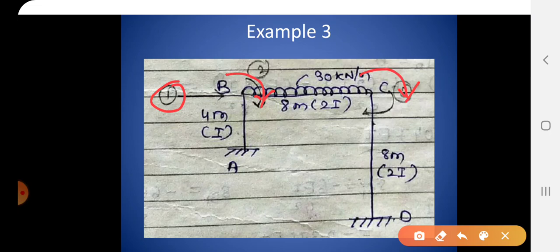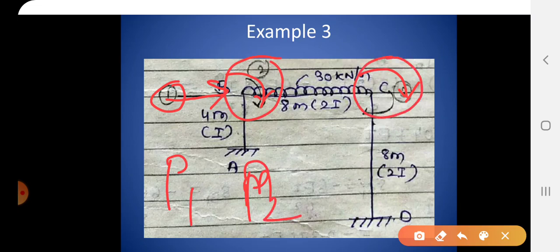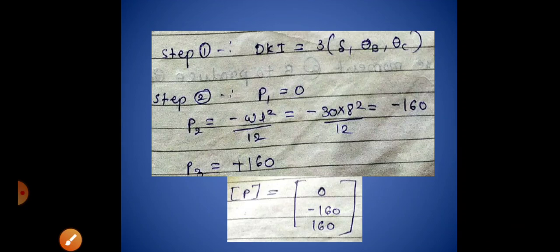First is delta, translation in the horizontal direction, therefore the force in the horizontal direction will be P1. Then theta b is the second redundant, therefore the moment at b will be P2. Then theta c is the third coordinate, therefore the moment at c will be P3.